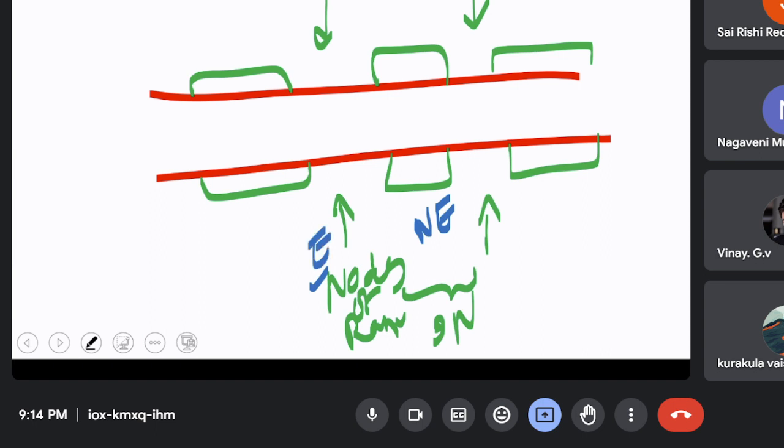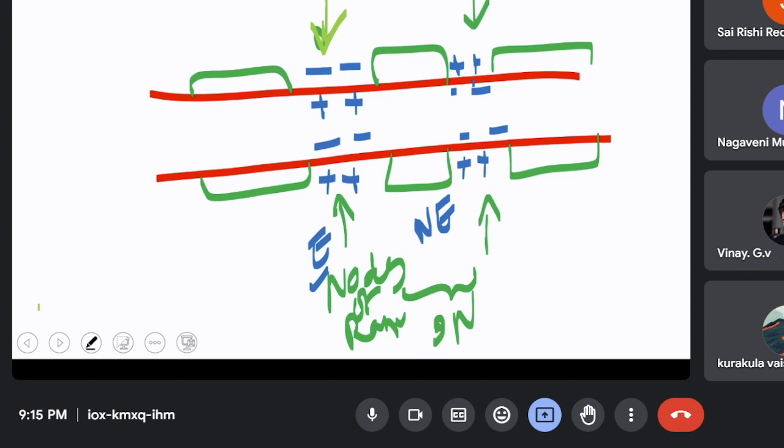This is excitable. So what happens when you give a stimulus? At the point of stimulus, previously it is positive outside and negative inside, as in a resting membrane. Now, when you give a stimulus, there is a reversal of charges, resulting in negativity outside and positivity inside.